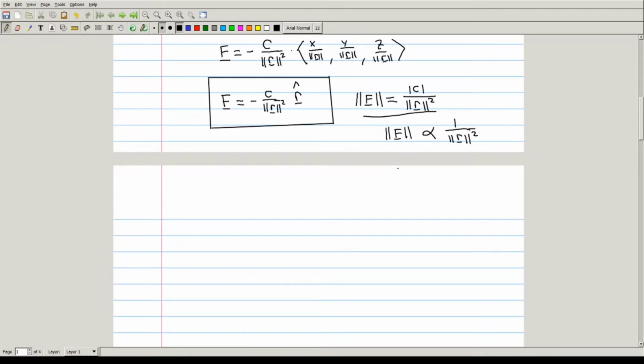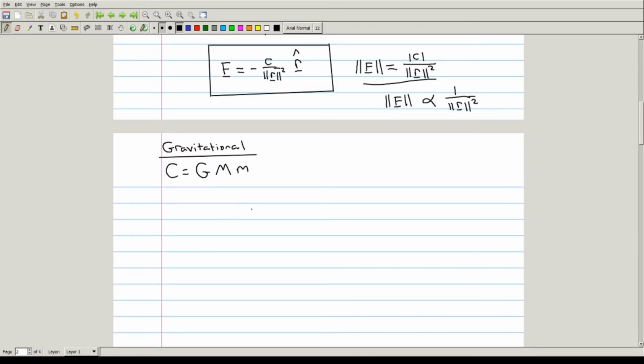If we go through and look at what c is in each individual case, you can determine exactly what that's going to be in the gravitational case. You're hopefully familiar with c being equal to the gravitational constant, it's called, times m times m, so G times m, which will give you exactly the force law.